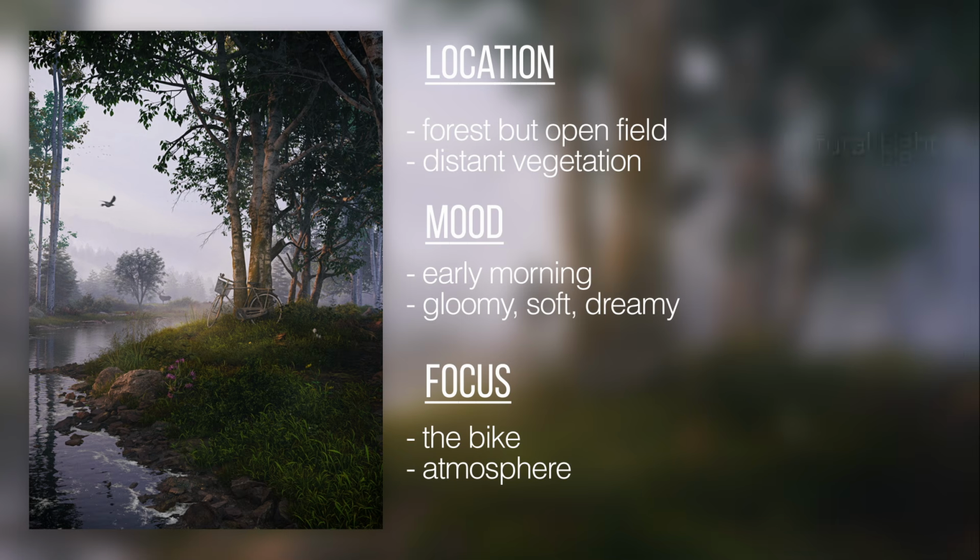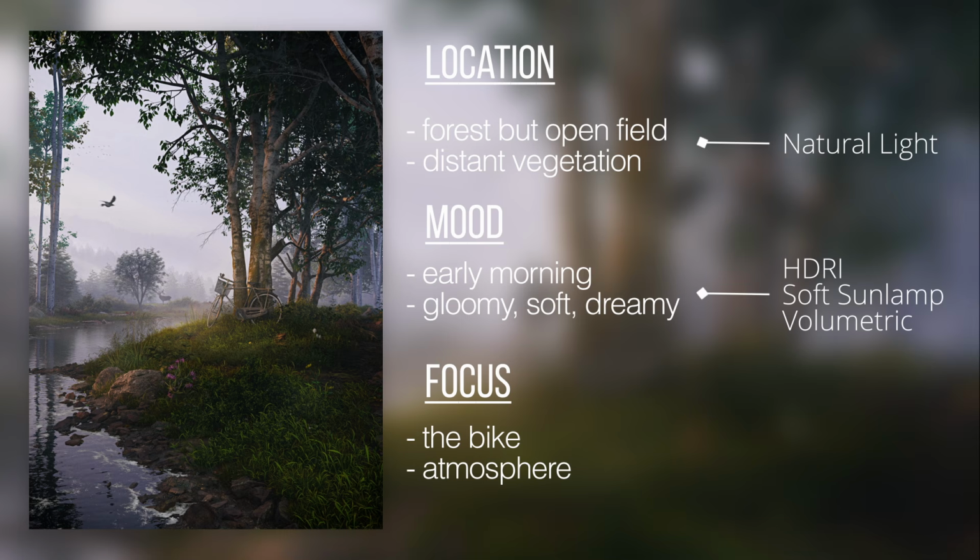For instance, because I have decided what location this is in, I know how to properly light my scene. And because I've decided that it's early morning and it should be gloomy and soft, I know that I have to use an HDRI that has no directional sunlight value in the HDRI itself, but just overcast lighting, and use a soft sun lamp within the scene.